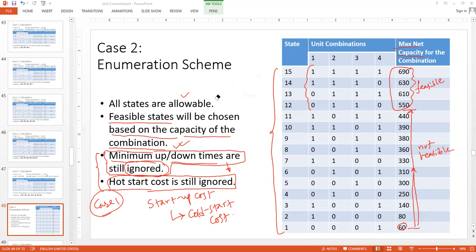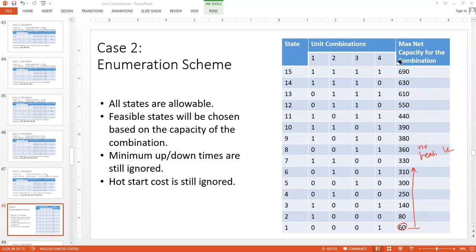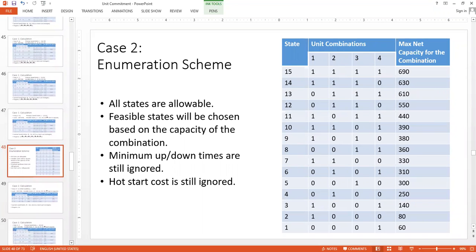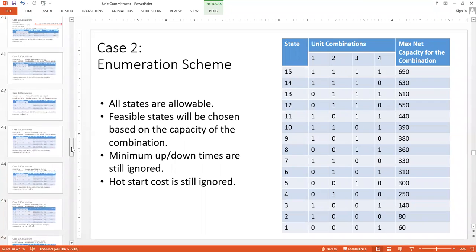Keeping all these in mind, we know that we have the hourly load variation for an 8-hour period already given. We know the unit characteristics, the unit cost functions or heat rate curves, and the incremental cost calculation. Everything is done beforehand like case 1, so all the previous calculations are still valid.